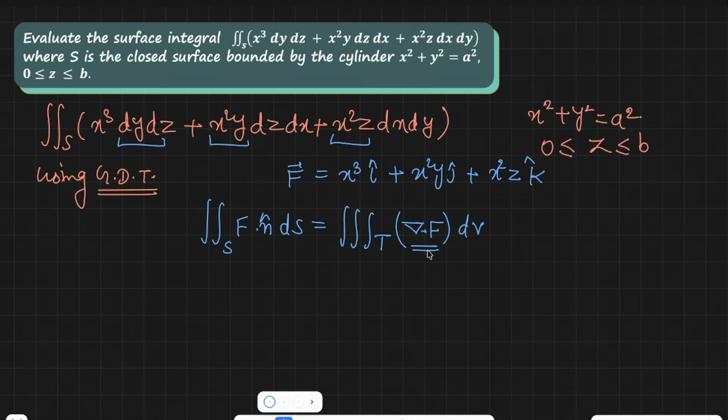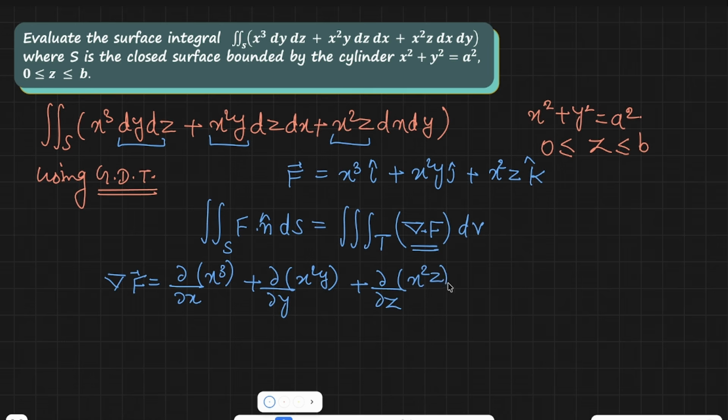So your target is to get the divergence of this, and it's very easy to find. So del dot F is dou by dou x of x cube plus dou by dou y of x square y plus dou by dou z of x square z, and that is basically 3x square plus x square plus x square, that is 5x square.